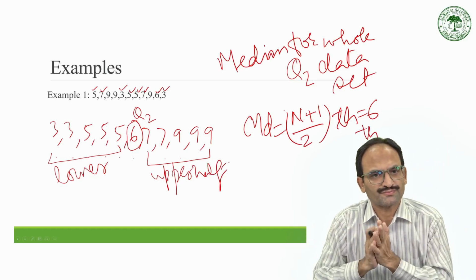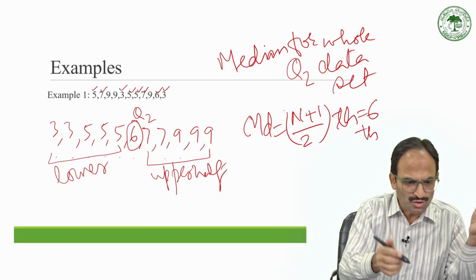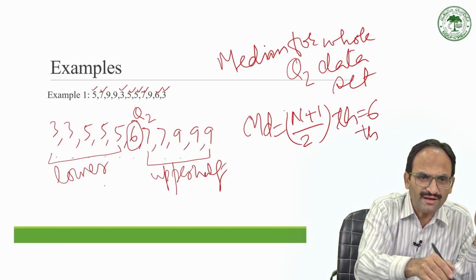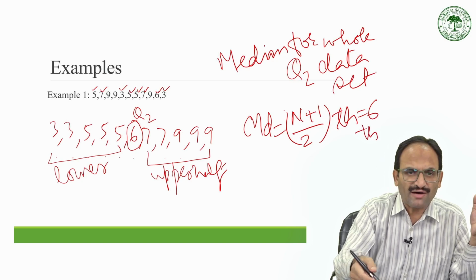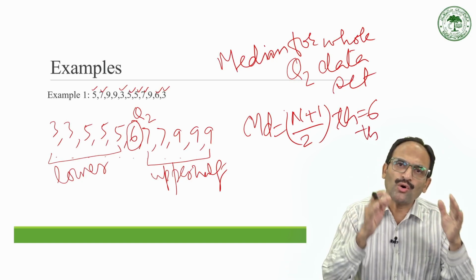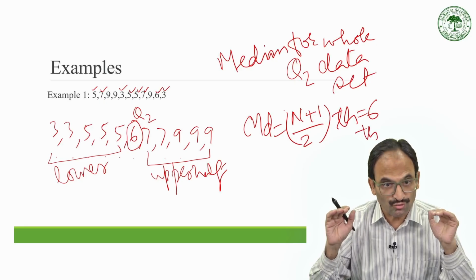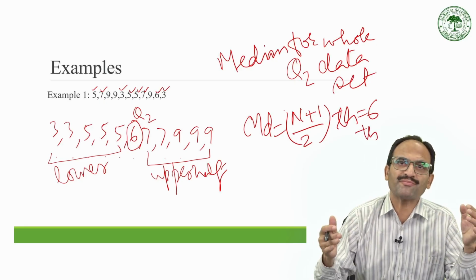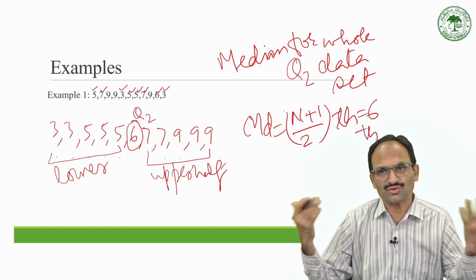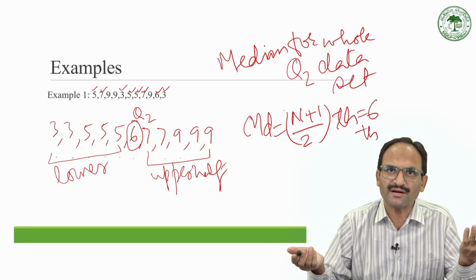So, in the next step, you calculate the median of the lower half of the data and the median of the upper half of the data. The median of the lower half will be Q1 and the median of the upper half will be Q3, and then we will use the formula and calculate the quartile deviation.